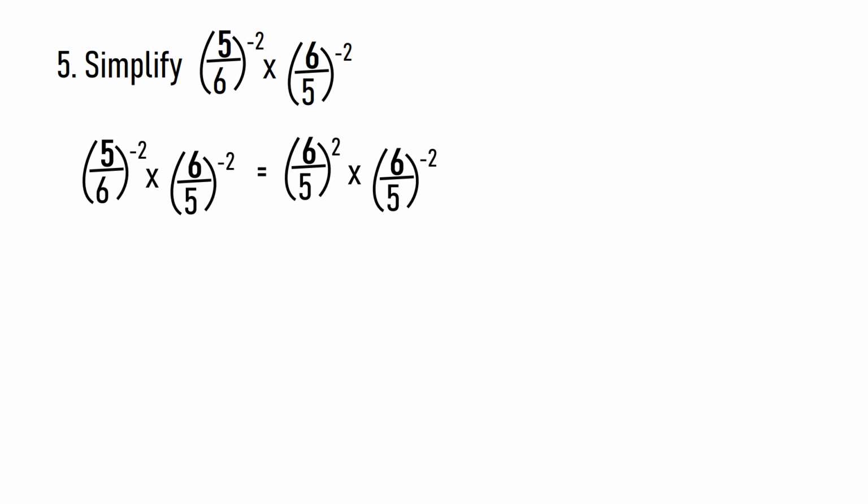And so the bases are now the same. So we are going to take the common base and then we sum up the powers. So 6 over 5 raised to power 2 plus negative 2. 2 plus negative 2 is the same as 2 minus 2, and so this is 0. 6 over 5 raised to power 0 is simply 1.